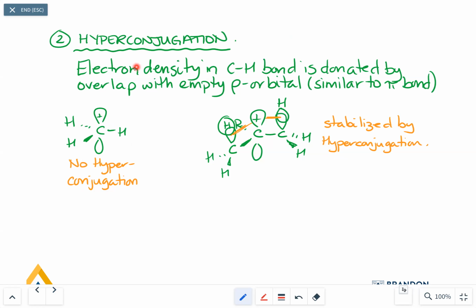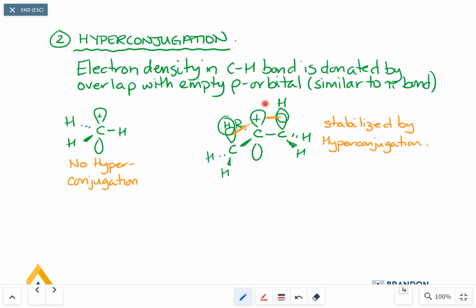What we're doing here is that on the carbons next door to the carbocation, there is going to be a carbon-hydrogen bond which is going to be parallel to this carbocation.